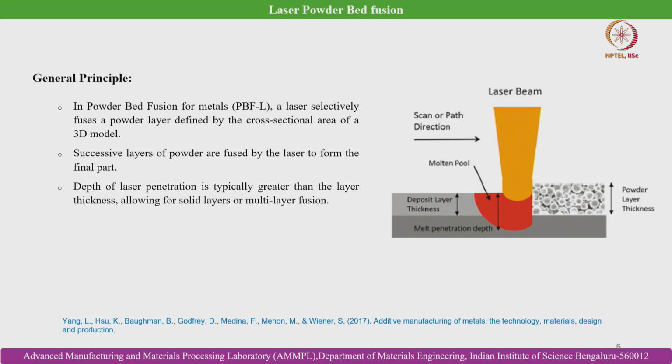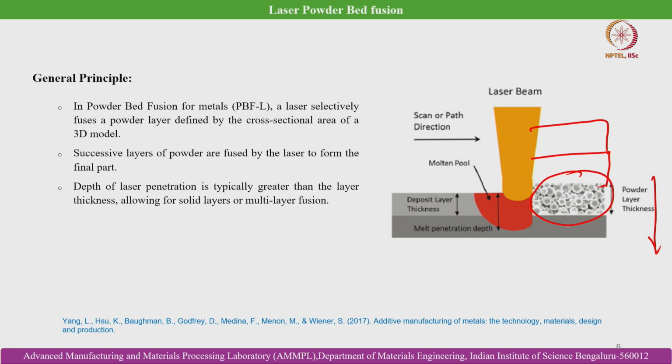In powder bed fusion for metals, a laser selectively fuses a powder layer defined by the cross sectional area of a 3D model. Successive layers of powder are fused by the laser to form the final part. You can see a typical powder layer thickness shown here. In reality, the stage gets lowered and successive powder layers are deposited.